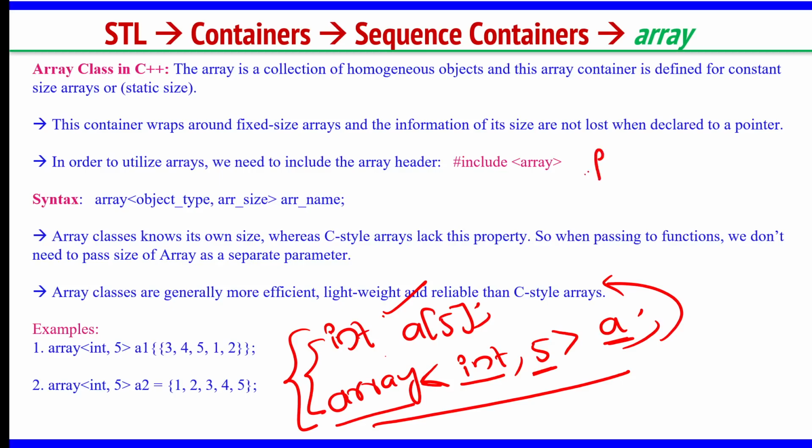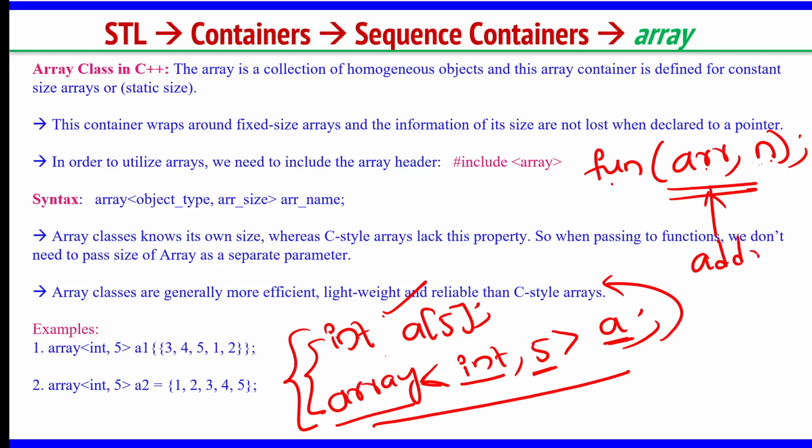Generally, if you are calling a function fun, we give the starting address of the array, that is the name of the array, and we also send the size of the array like this: fun of arr comma n. We have to pass the size also, because since we are sending the address, the called function does not know how many elements there are at this address.